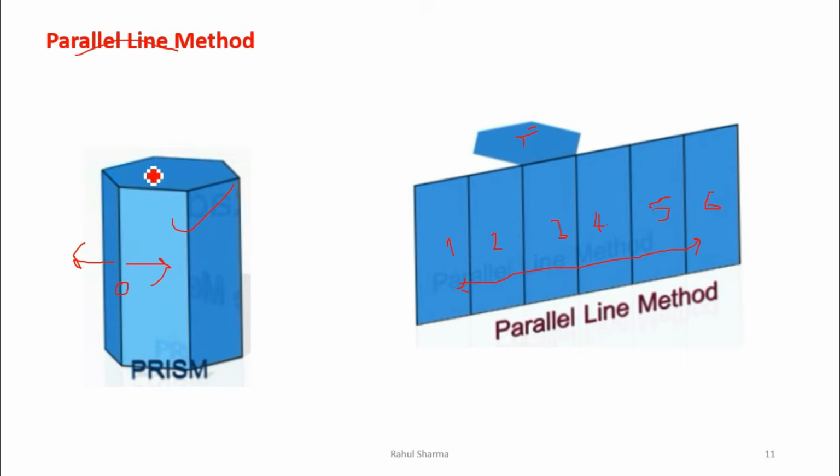Now this face edge is divided into two parts, so this face edge and this face edge initially were the same. So when you join this edge and this edge, you will get the closed surface. That is why it will have 7 face edges and 6 faces only. So this type of method is known as the parallel line method. We will explain it in depth.